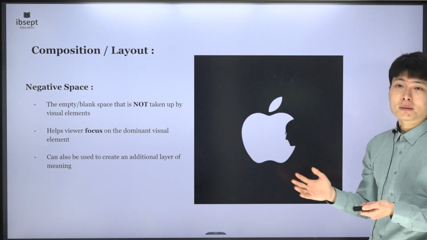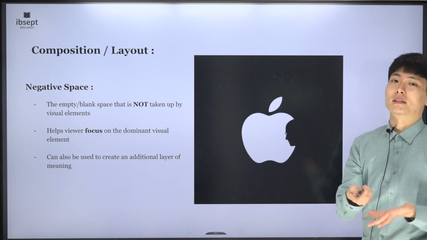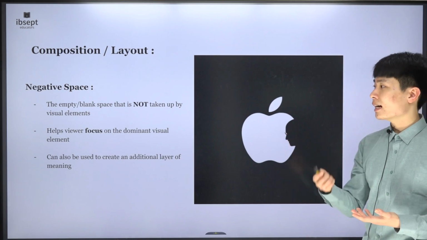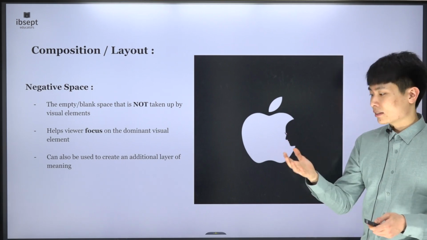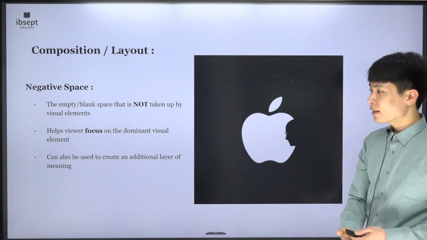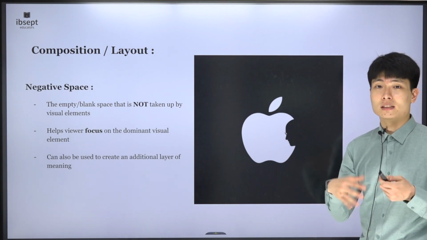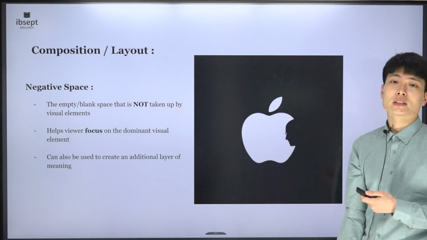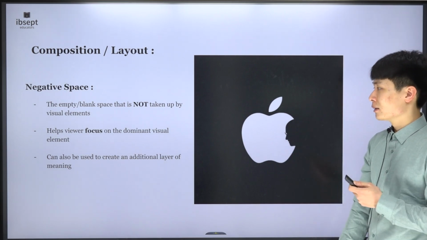That without Steve Jobs, Apple would not have been Apple, simply put. So that's how you can use negative space to create an additional layer of meaning, an additional interpretation of what you see, where applicable.